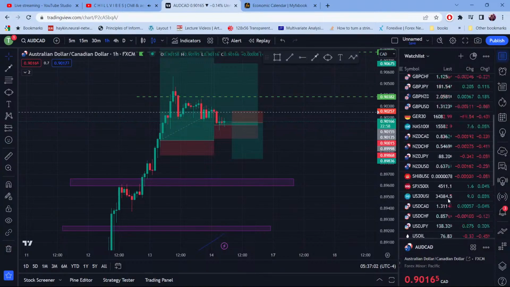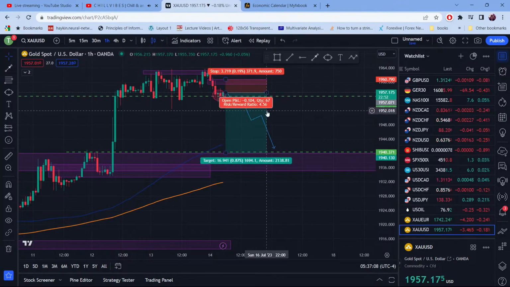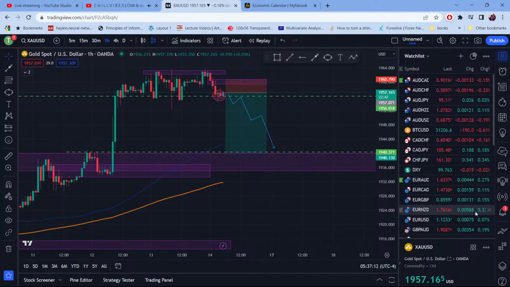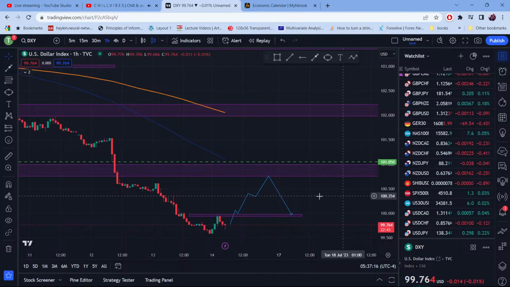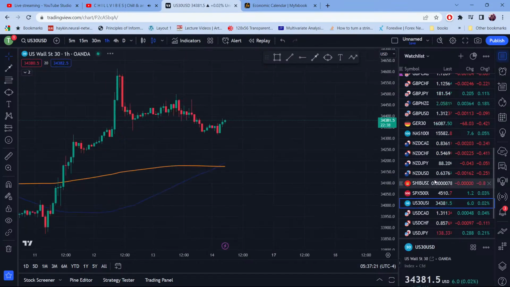Alright, thank you very much for joining in. You can enter gold right now if you want to, because we're right back into the initial level. We'll see what price decides to do as we continue forward. See, pulling back a little bit here. We'll see how this candle closes. Everything else, we've just been trending higher.